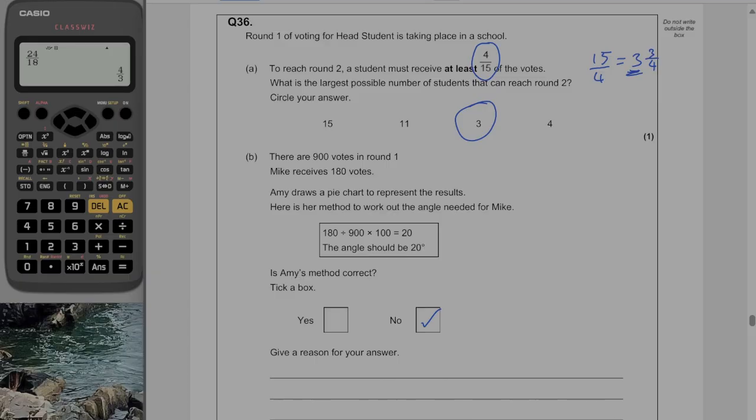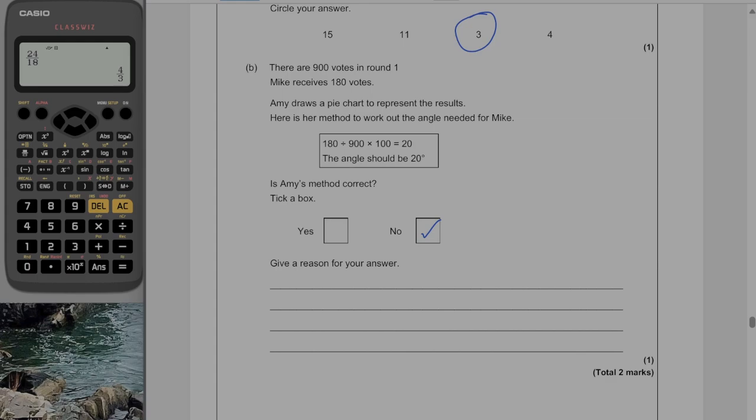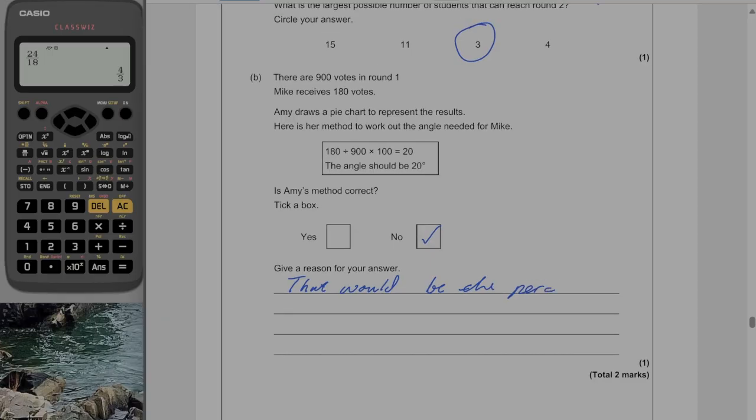So that would be a percentage, so that would be 20%. That wouldn't be the angle. So I'm going to say that would be the percentage, not the angle. Then I'll do a second statement.